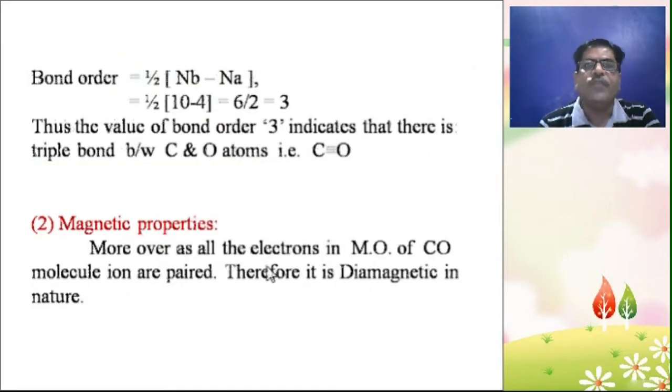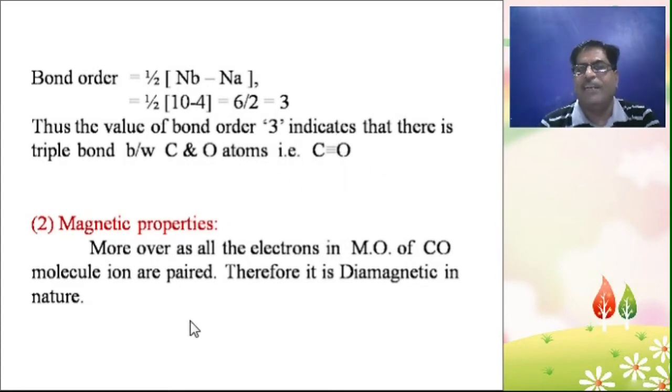Here the total number of electrons in BMO is 10 and 4 electrons are in ABMO. Therefore 10 minus 4 is equal to 6, and 6 by 2 is equal to 3. Thus, the bond order value of 3 indicates that there is a triple bond between the carbon and oxygen atoms. It is C triple bond O.